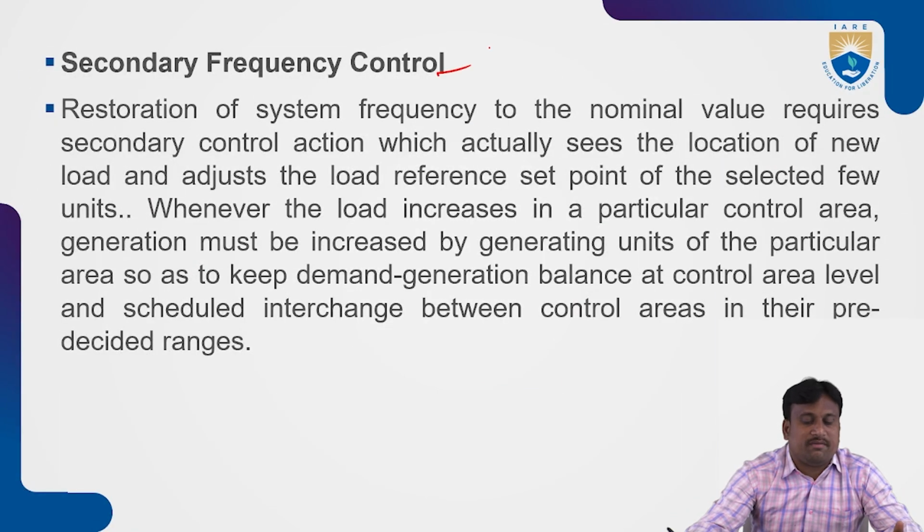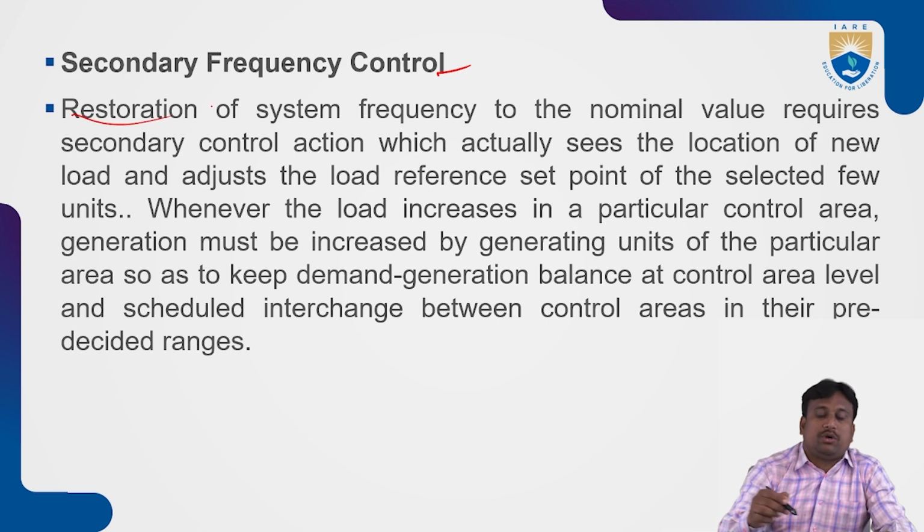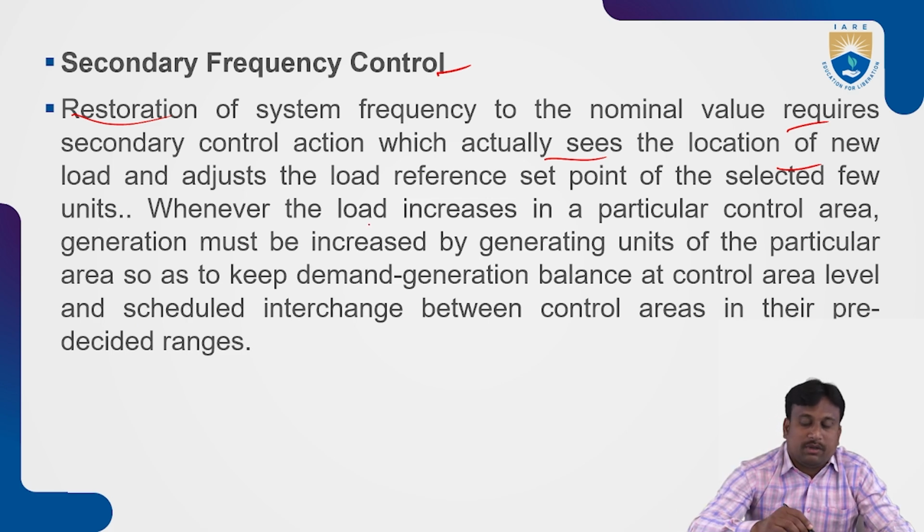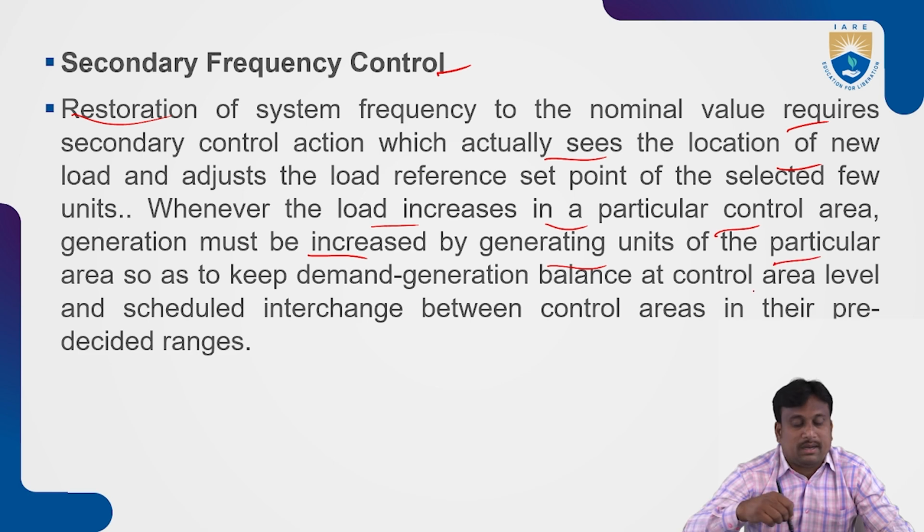So secondary frequency control. What happens with secondary frequency control is that restoration of the system frequency to the nominal value requires secondary control, which sees the location of the new load and adjusts the load reference set point of only a selected few units. That means whenever the load increases in a particular control area, generation must be increased by the generating units of that particular area.